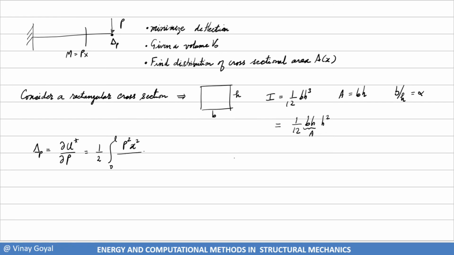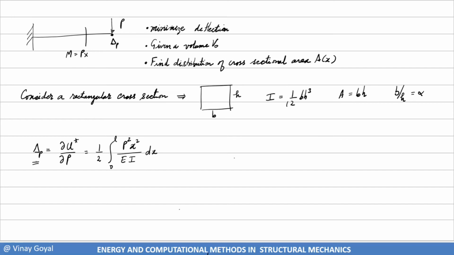And I have here then EI dx. And I want to minimize delta P. That's really my goal. But I want to write this in a parameterized format, if you will, because it will make the calculations a little bit easier. So I call that A.